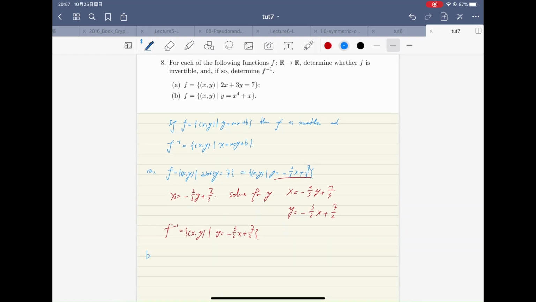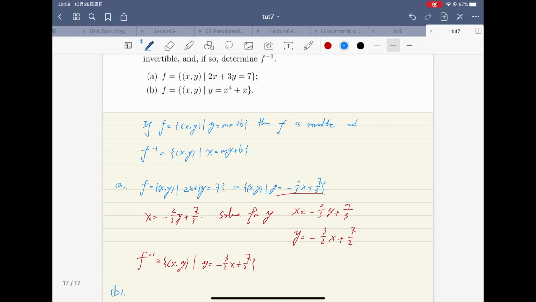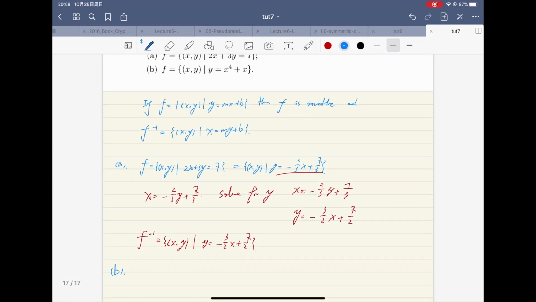So the next one, function b. Similarly, we have to check if the function is one-to-one. Is this function one-to-one? It's not, right? Why? Because if we can find some values with f(a) equals f(b), but a does not equal b, then the function is not one-to-one.